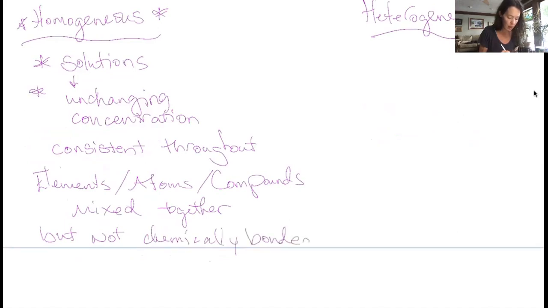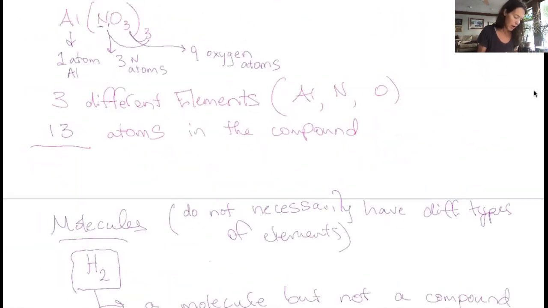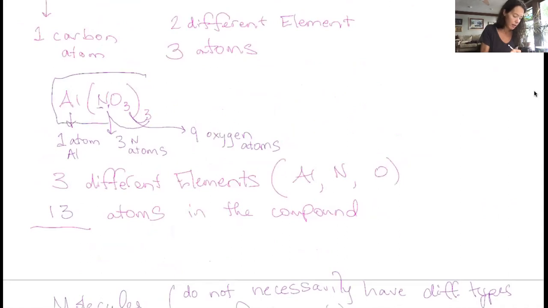We can easily separate them. Whereas compounds, right? If we look at these compounds up here, I cannot separate this. It must be separated chemically, right? I must do something to break the bonds. Oops, let's put that word separated in there.